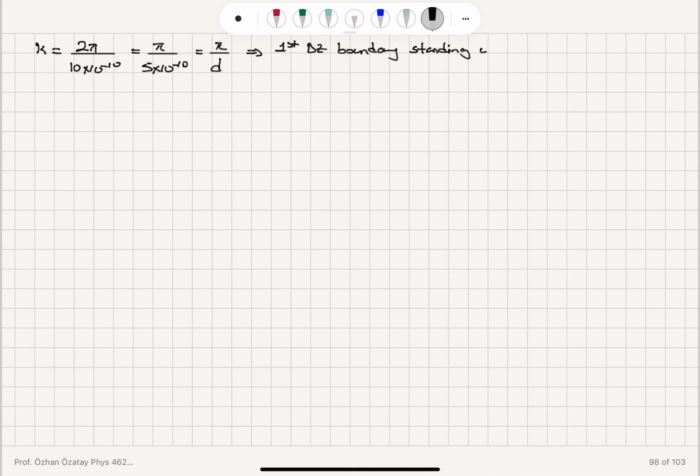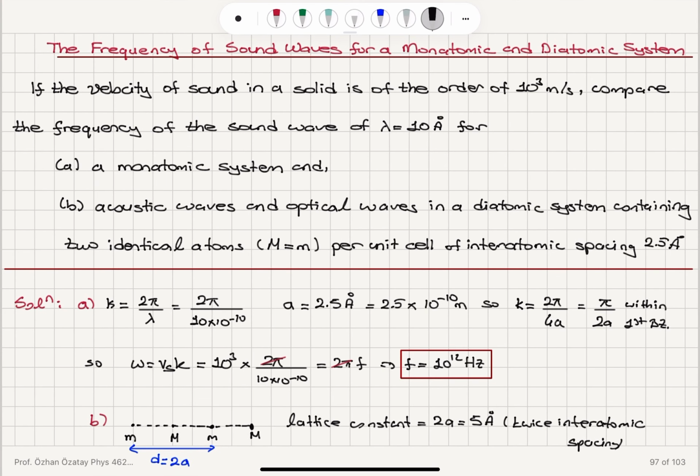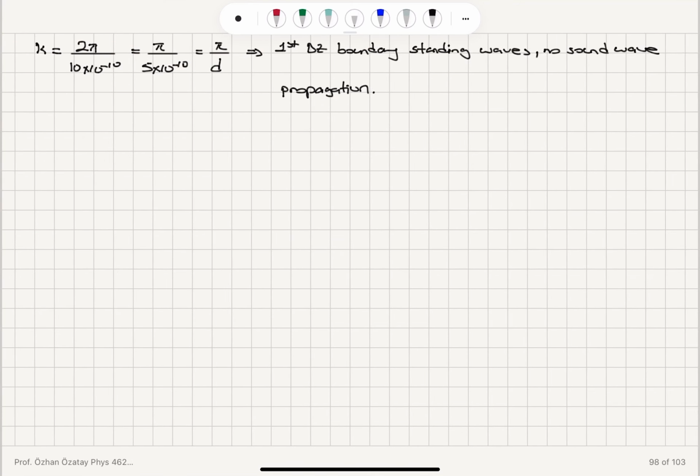And because of that, what we will see is no sound wave propagation. So even if you look at the acoustical branch or optical branch in the diatomic system, we have the same conclusion because we are at the Brillouin zone boundary.